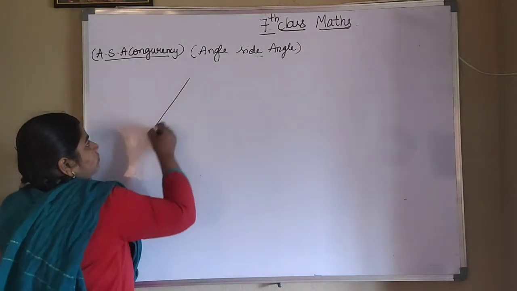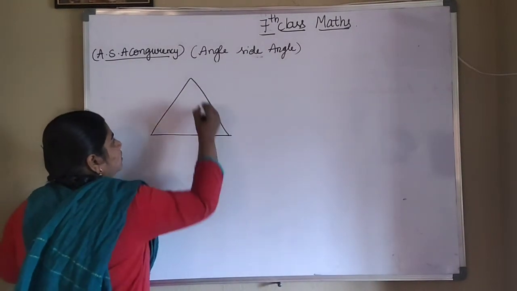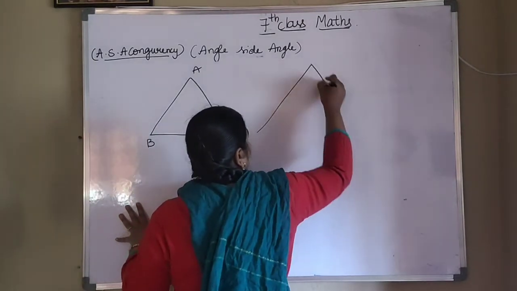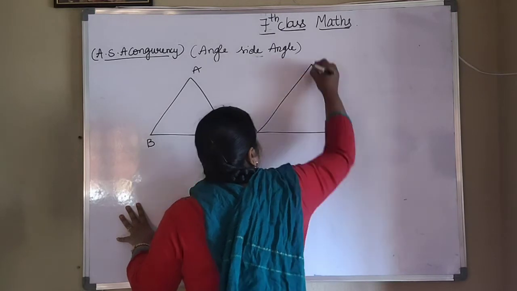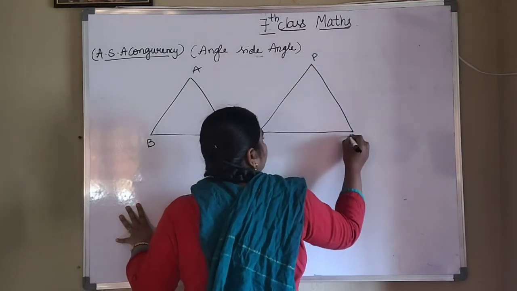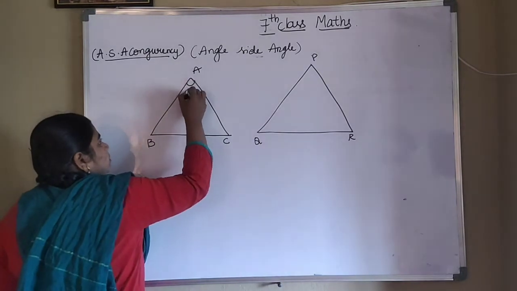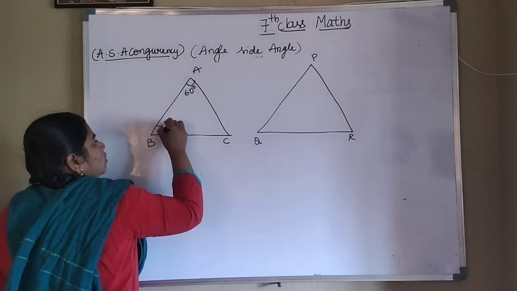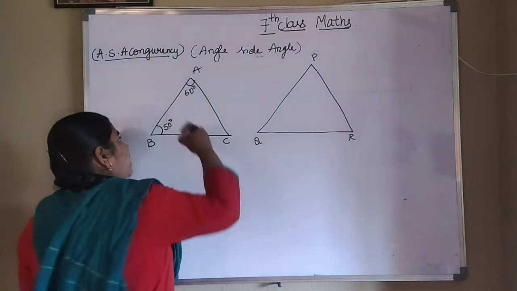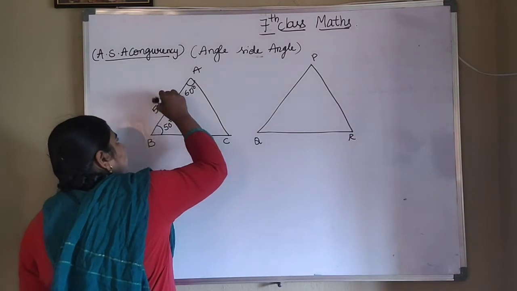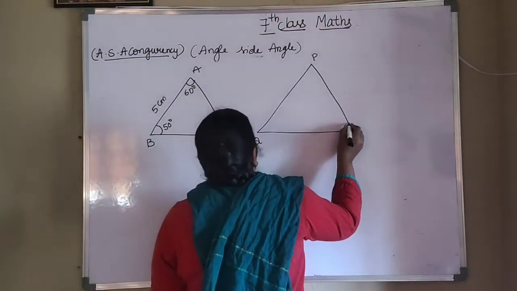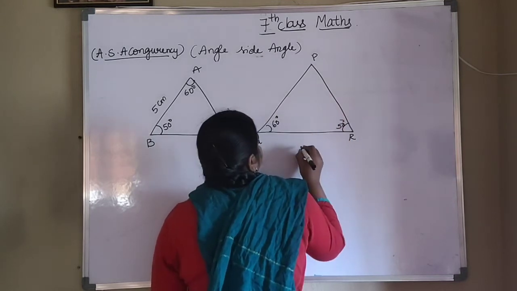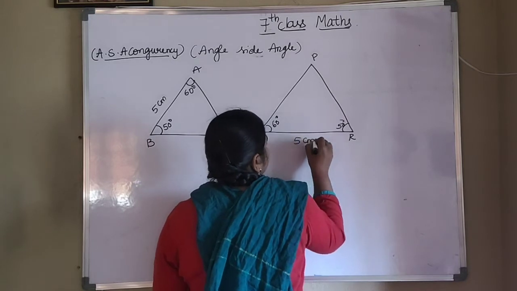Suppose I am taking two triangles here, ABC and PQR. Here I am taking 60 degrees and 50 degrees, and this side I am taking as 5 centimeters. In the same way, here I am taking 50 degrees, here 60 degrees, and here 5 centimeters.